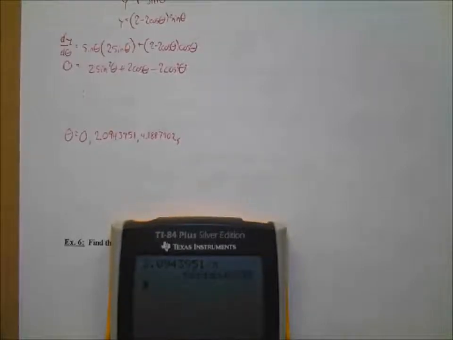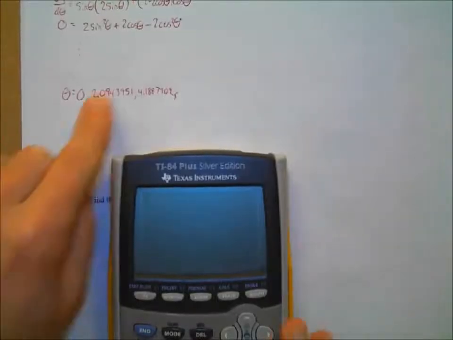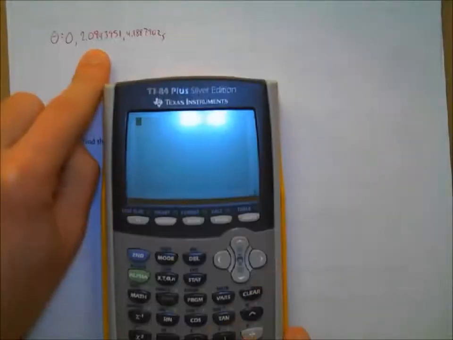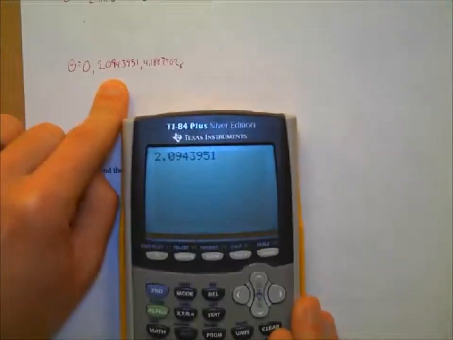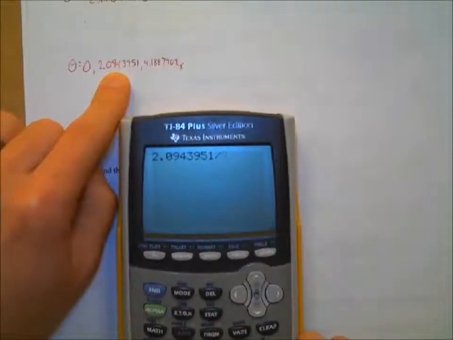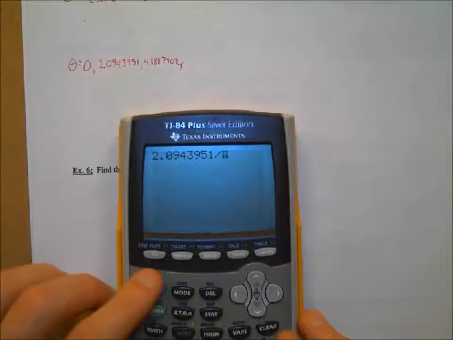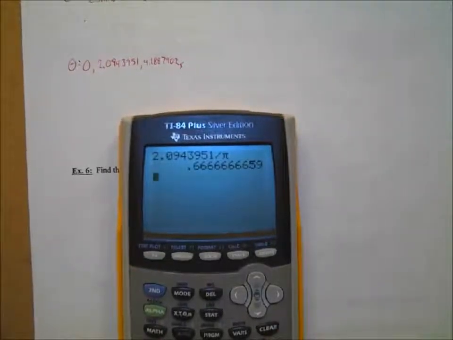So what you can do to try and figure out if this is a nice radian measure or if it's just some random decimal is take that decimal, in this case 2.0943951, and divide a pi out of it, right, because normally our radian measures have pi in them. If I divide a pi out, hopefully that'll show me what the decimal is, and lo and behold, we get something that's pretty close to 2/3, right?